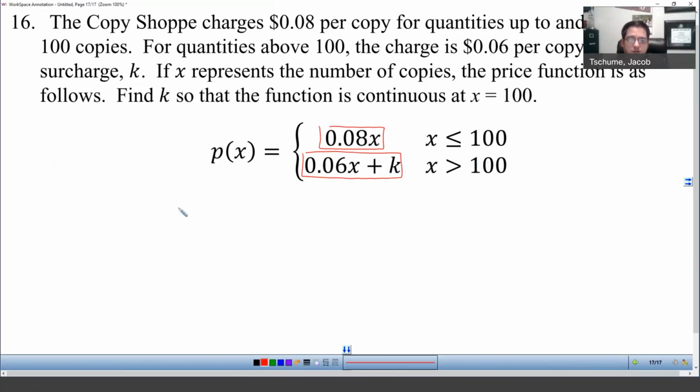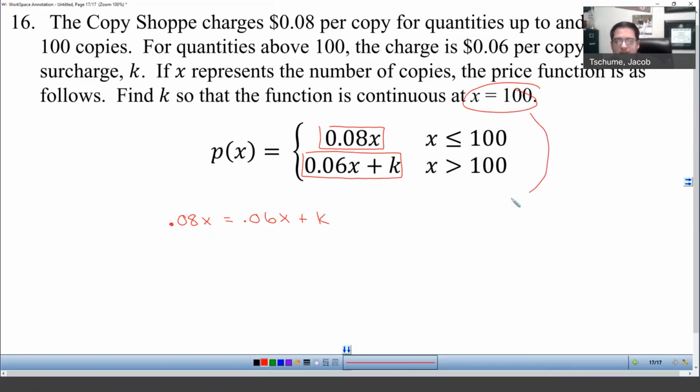So what I would do on this kind of problem is I would take 0.08x and I need this to equal 0.06x plus k. Now, I can't solve this problem for k because I don't know what x is, but we actually do. At x equals 100, this is where you want it to be continuous.